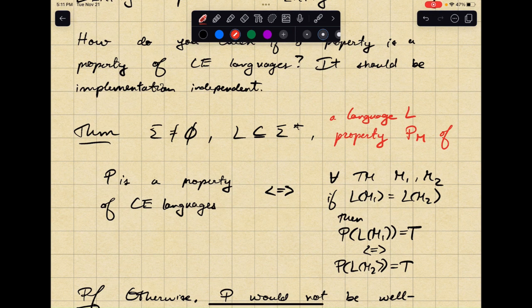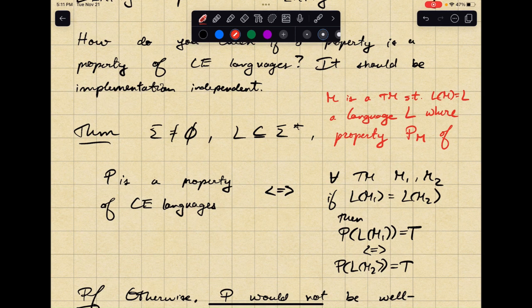So m is an additional parameter, where m is a Turing machine such that L of m is equal to L. So a property P sub m of some language where we're discussing a particular Turing machine that is representing that language.